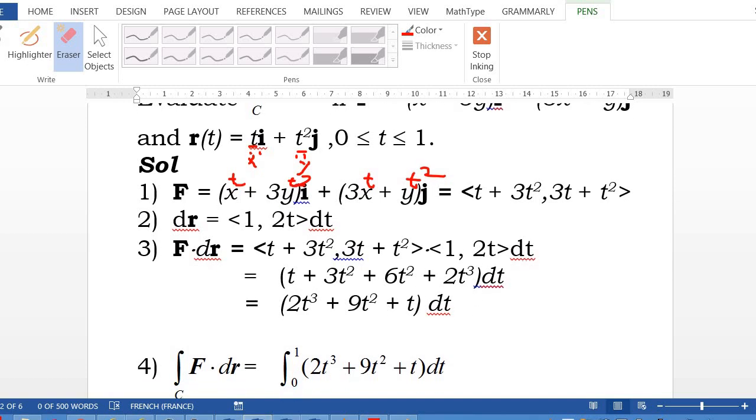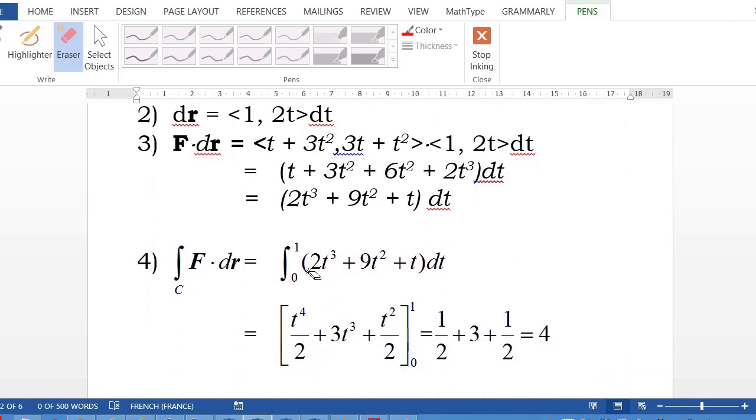Fourth step, the result of F dot dr is 2t cubed plus 9t squared plus t dt, then integrate with respect to t from 0 to 1.